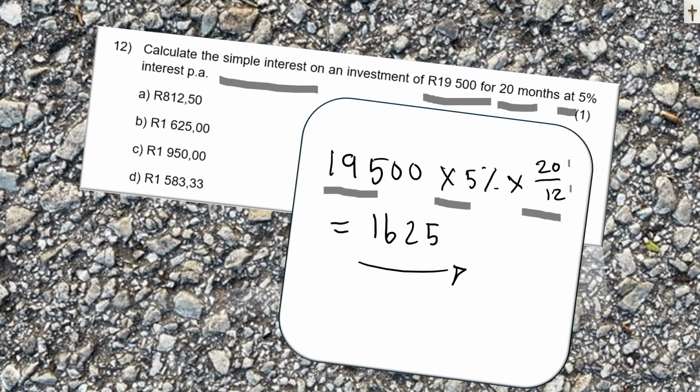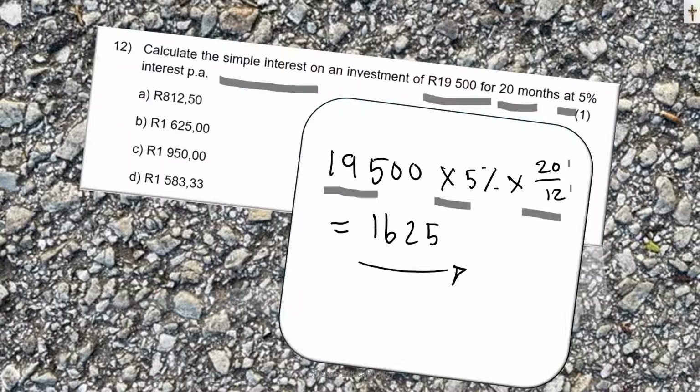The 20 over 12, if I punch it into my calculator, 20 divide by 12, gives me 1.6666 years. So the 20 over 12 is going to give me the right decimal for the time invested, because 20 months is actually 1.66667 years.